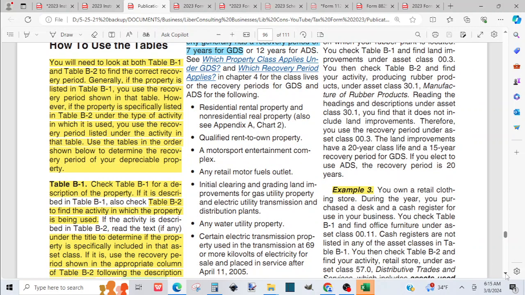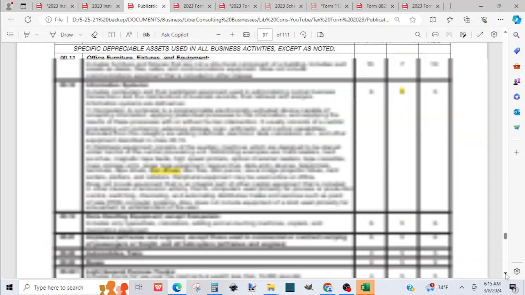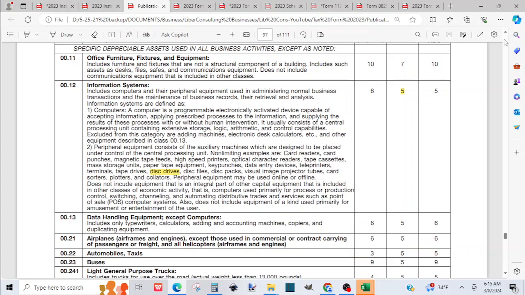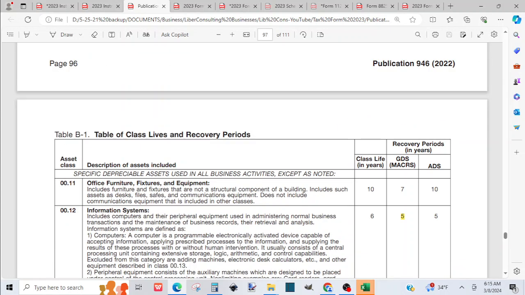If the asset is listed in table B-1, you will check table B-2. Table B-2 has the list of business activities, and underneath each one of them, a short description of the type of asset used in that business activity.